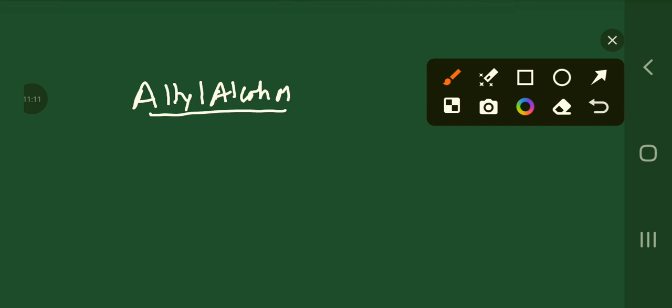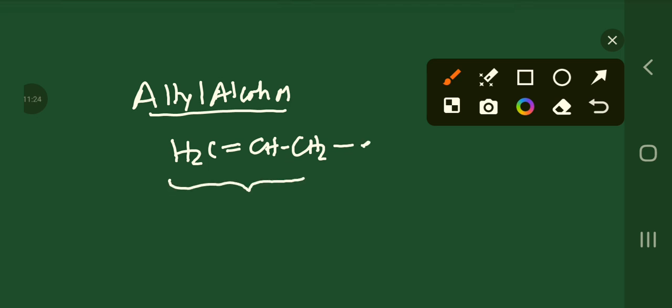The formula is H2C=CH-CH2. This is the hydrocarbon part, or you can say this part is the allyl part, and OH.